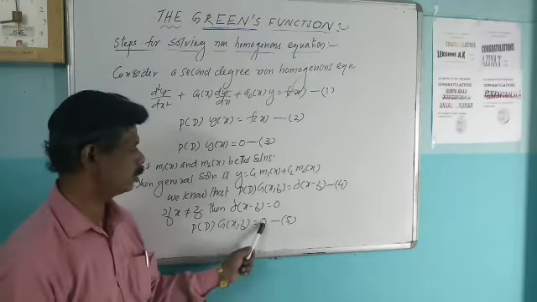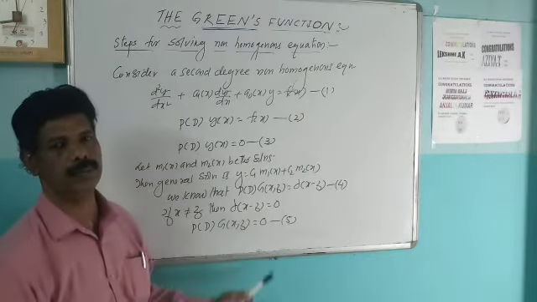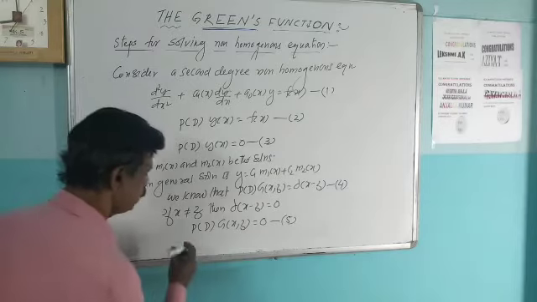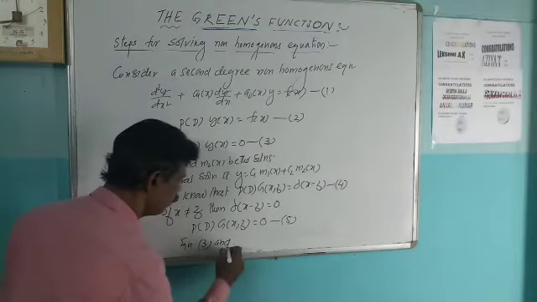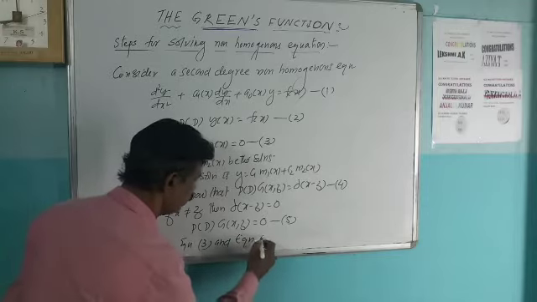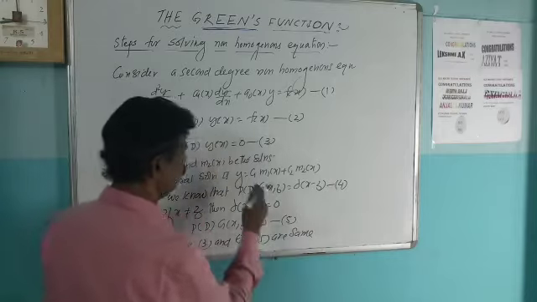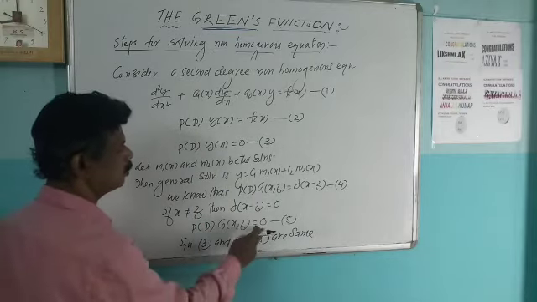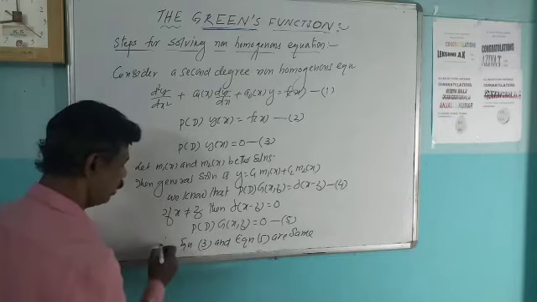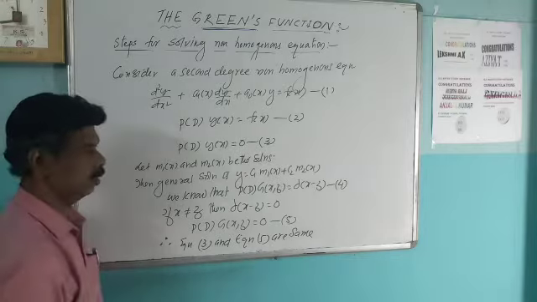This means equation 3 and equation number 5 are the same. Therefore, equation 3 and equation 5 are the same.